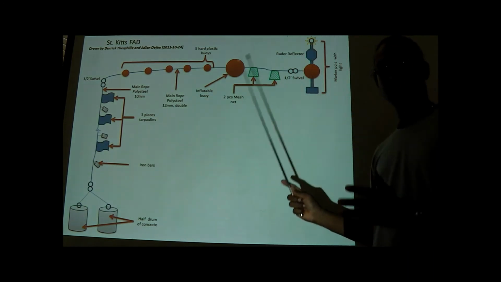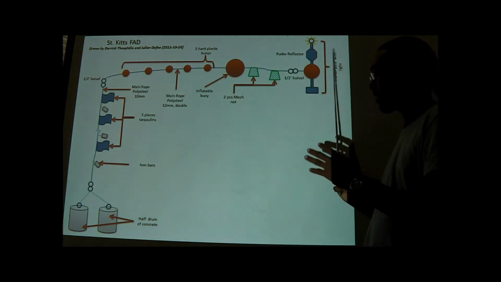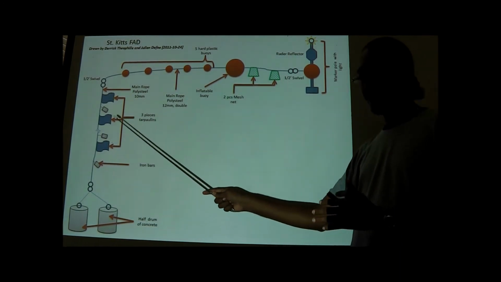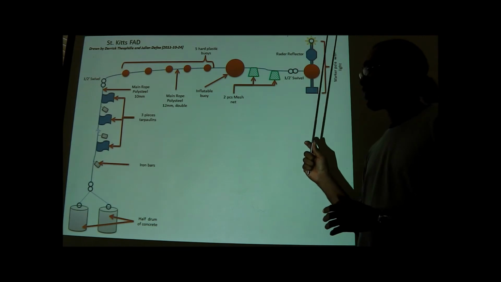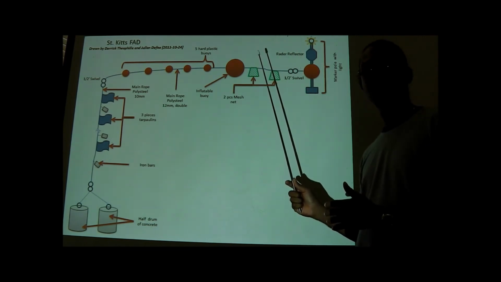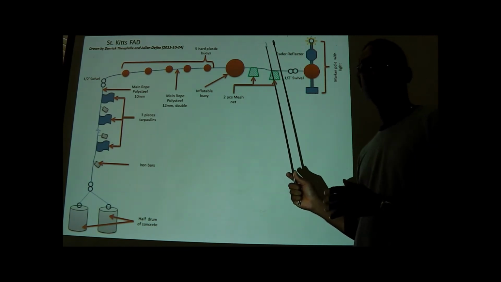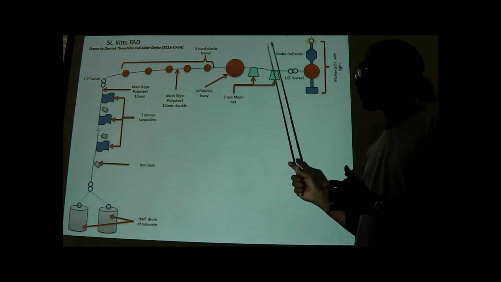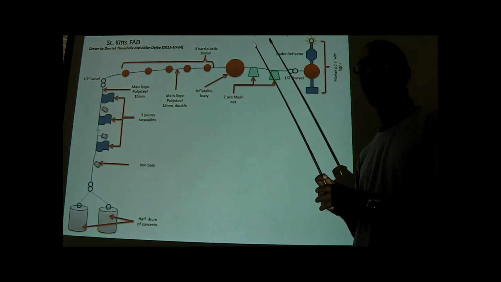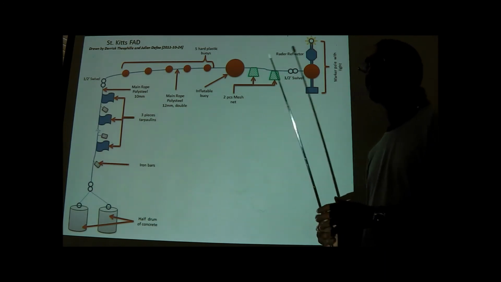So once everything is done properly, a perfect FAD should look like this. For maximum use, a good FAD should last three years plus. This is what we consider to be a perfect construction.